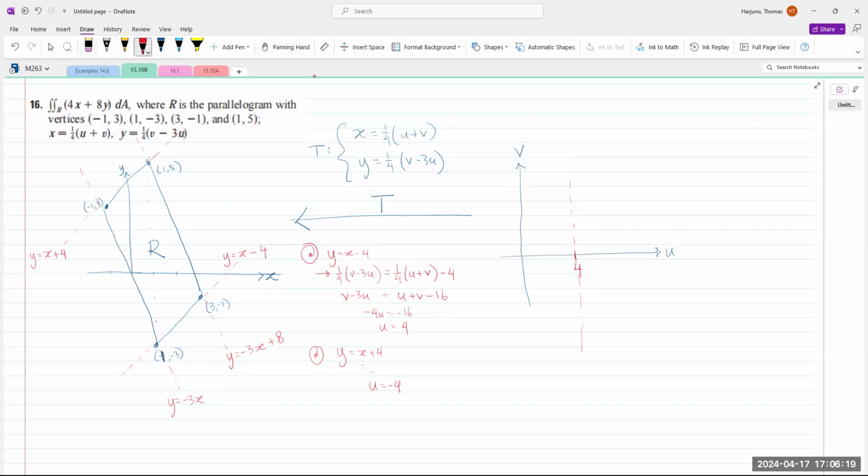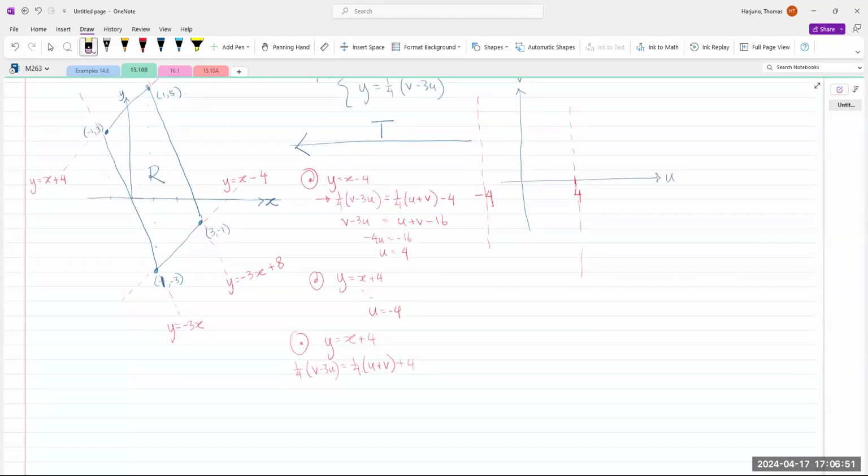So u equals negative 4 here. What am I doing? Oh, I did that one already. My bad.